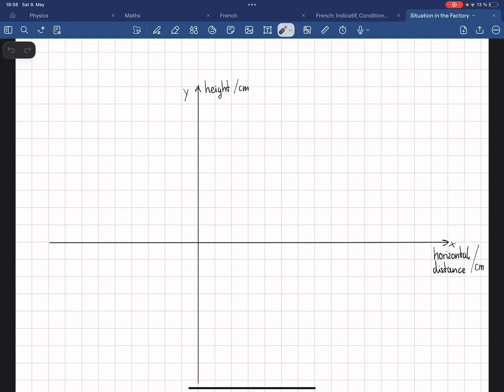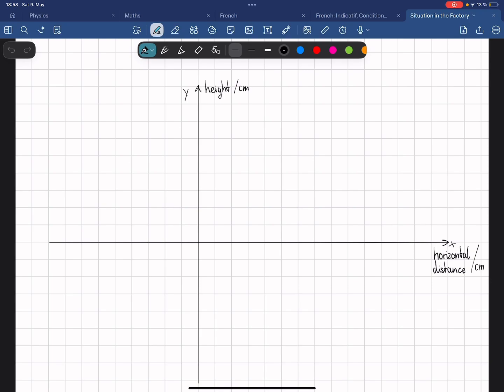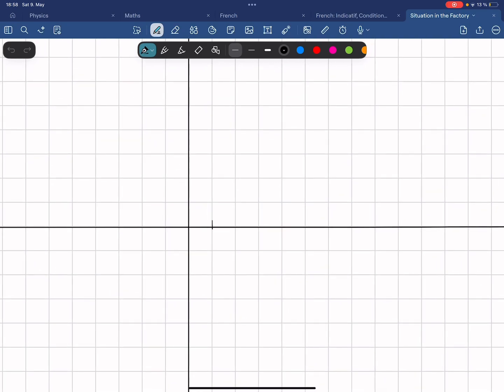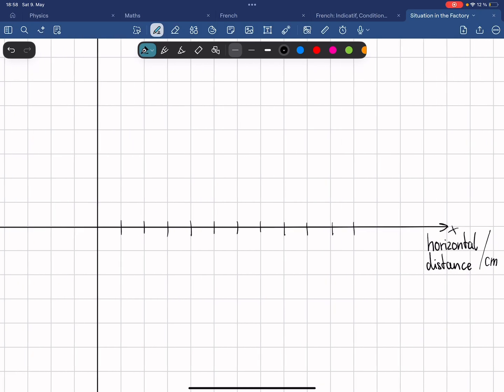For that, we here have a coordinate system. I'll quickly put the numbers down. I'd say an appropriate distance would be 5 centimeter intervals. So we're going to start here and just go up to 50. Now we're going to go up in steps of 5.